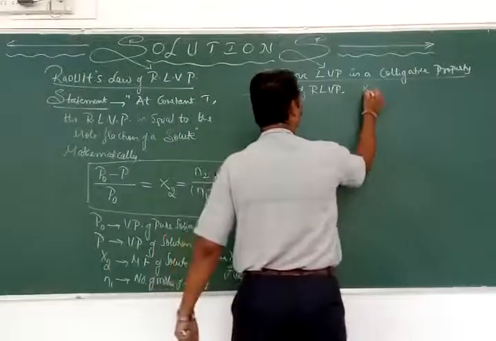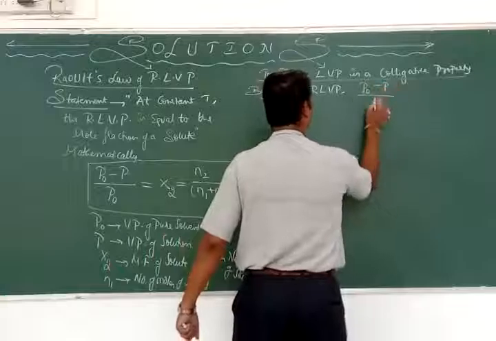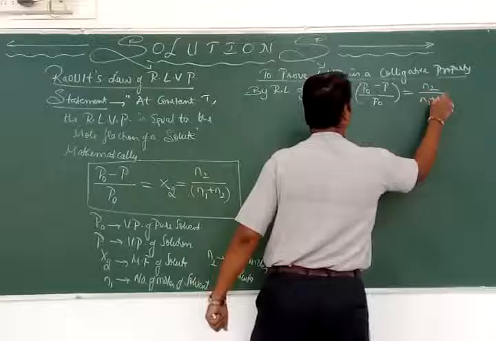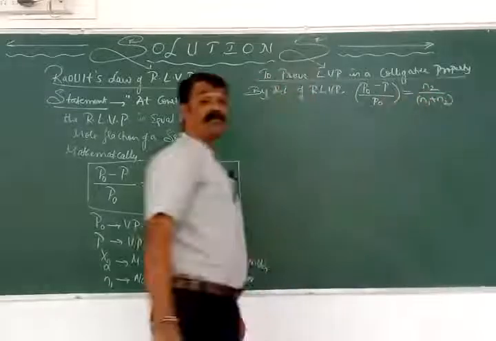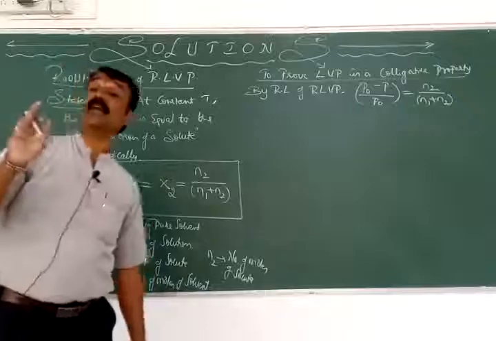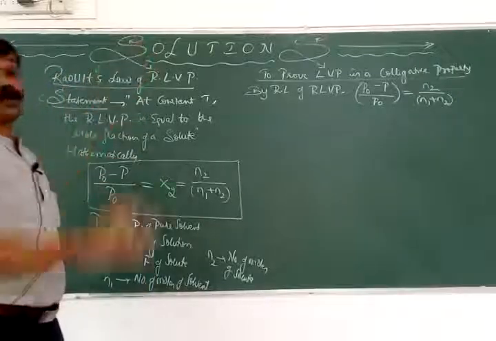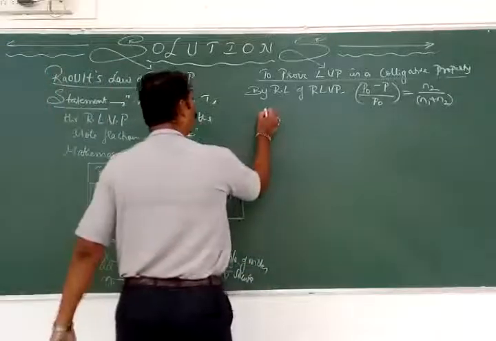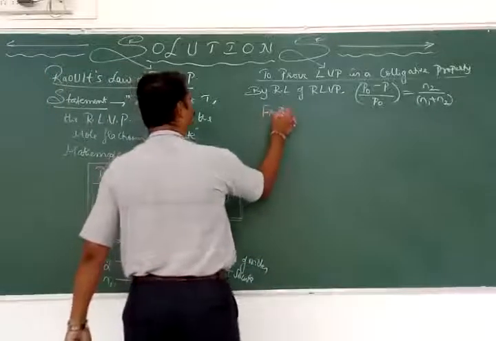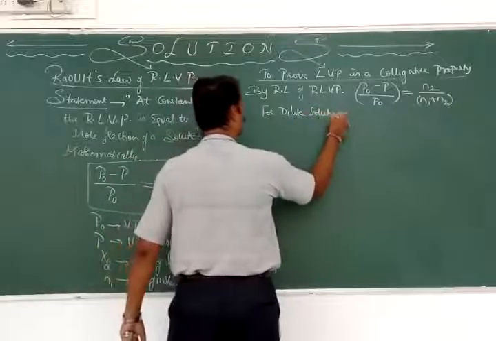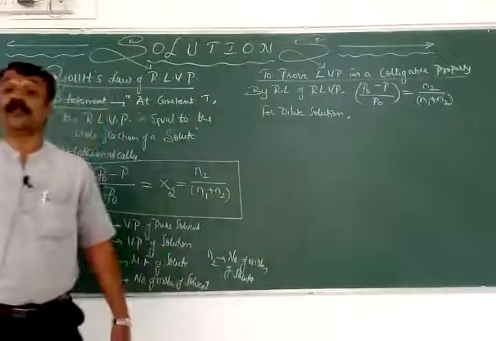We know that (P naught minus P) divided by P naught is equal to N2 divided by (N1 plus N2). This is the mathematical relationship for Raoult's law of relative lowering of vapor pressure, for a dilute solution.